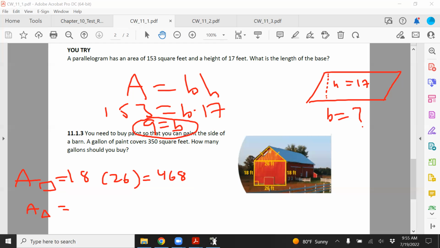The triangle part. This is a little tricky, but you see it's isosceles, and it's a right triangle as well. So I could say x squared plus x squared equals 26 squared. Okay, I'm going to get my calculator out.